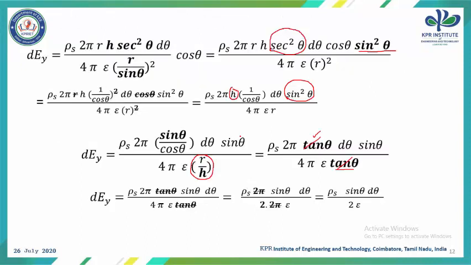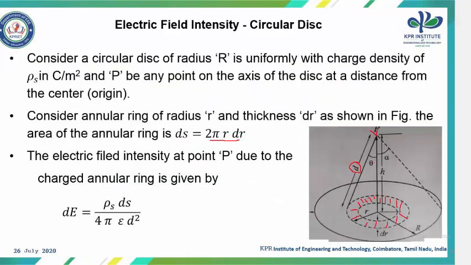From the figure let us find cos alpha. This is alpha. This side is capital R, this side is h. What about this side? Apply the Pythagoras theorem. It is h squared plus r squared under a square root. Now from this we find cos alpha.